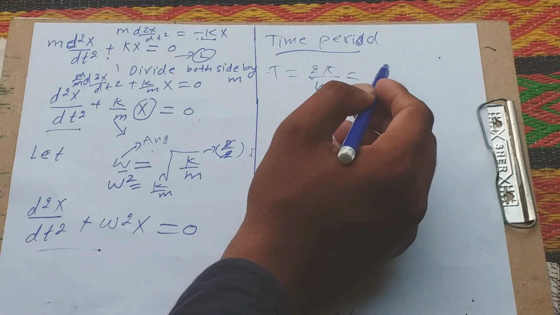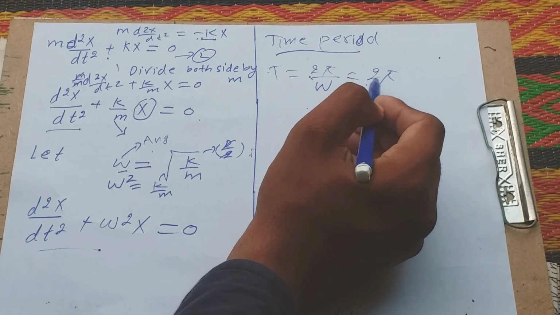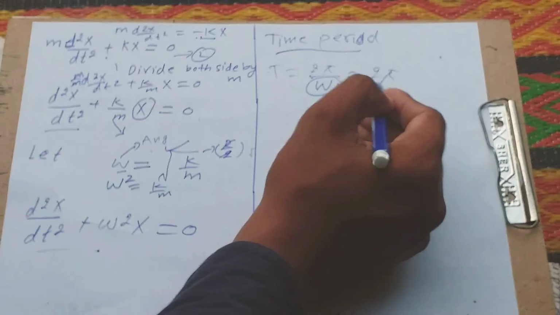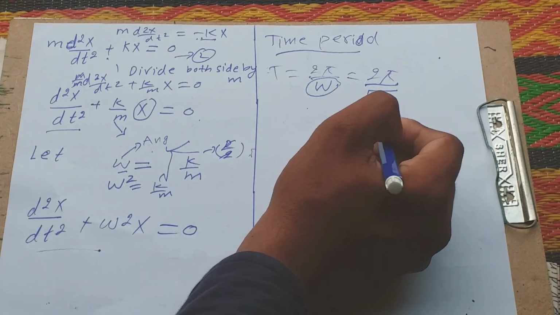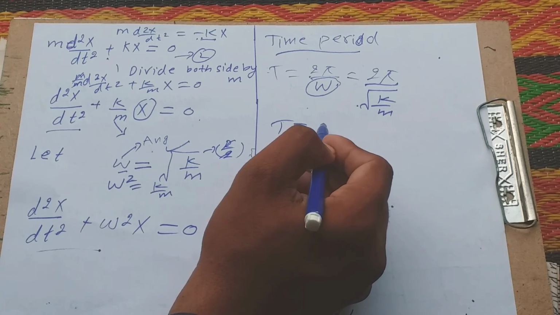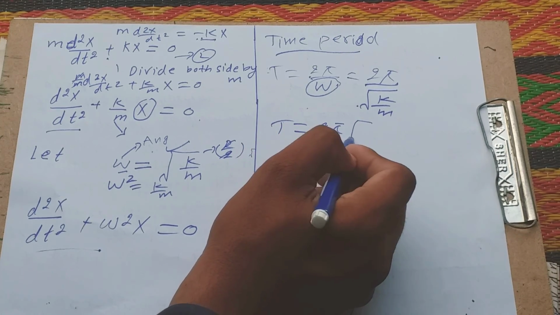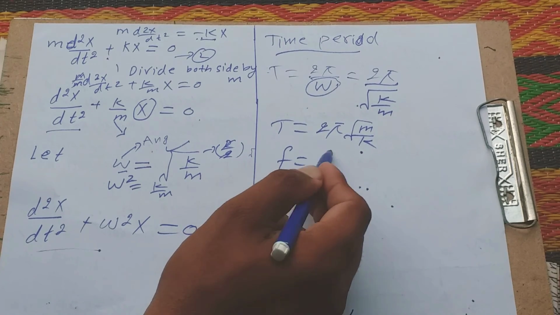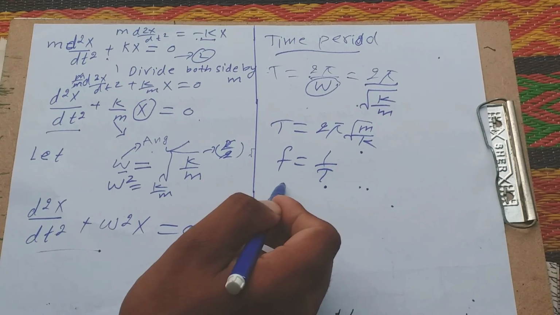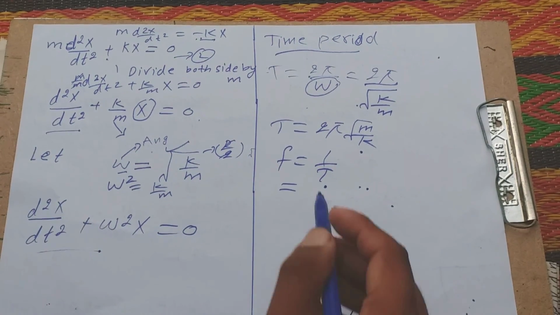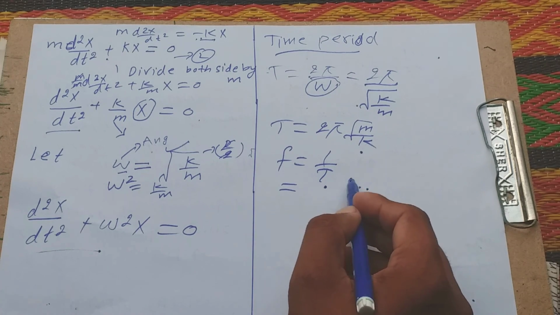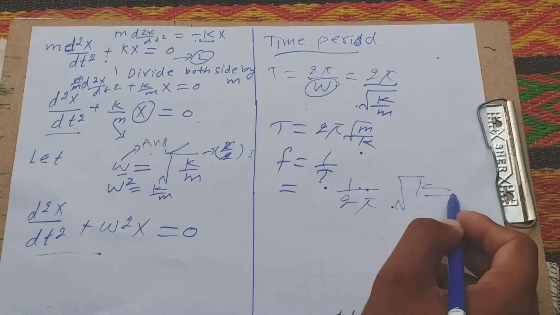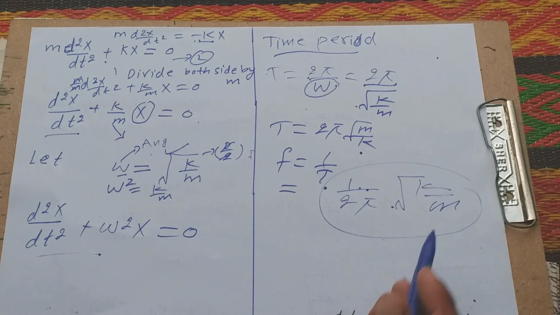Omega is equal to square root k over m, but we convert this, so T is equal to 2 pi square root m over k. And frequency is equal to 1 over T. Clear? Understand?